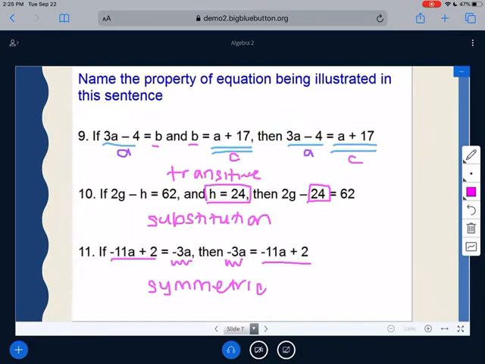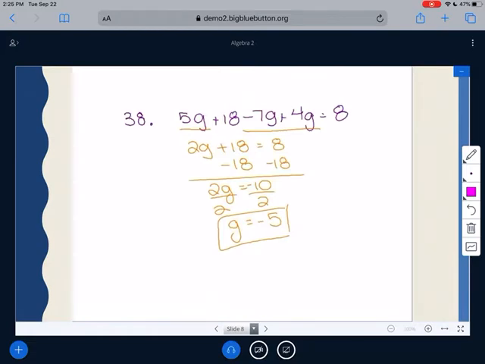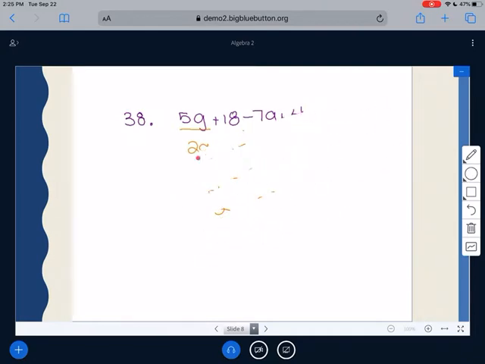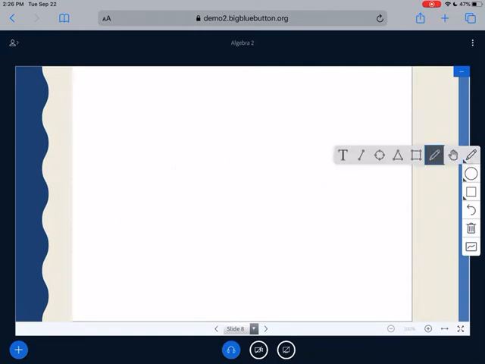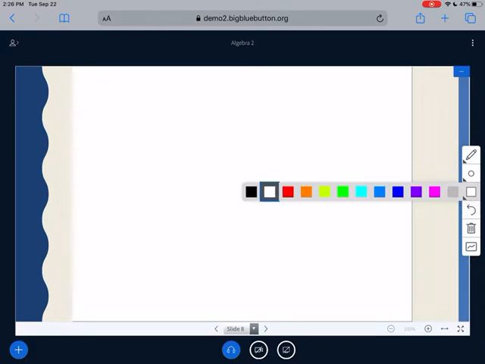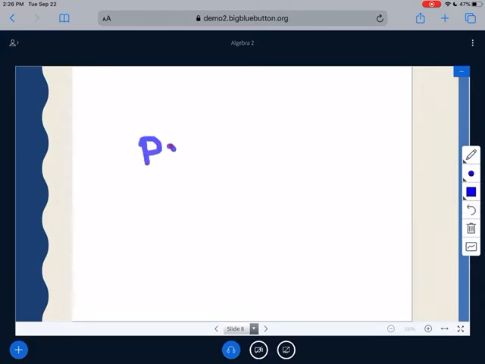So for tonight, and for tomorrow, I want you to work on those next pages in your packet. I believe it is page, maybe not quite 30.